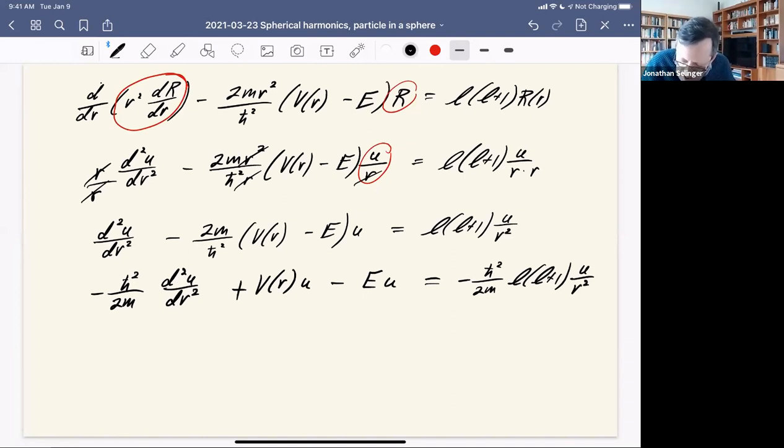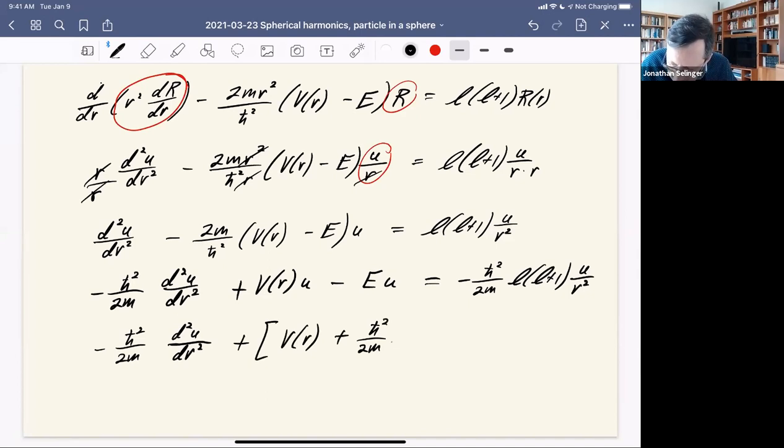Okay, and then if I do just one more step, let's put the l plus 1 term on the left side of the equation. So we have v of r plus this thing over r squared, all of this times u, is equal to energy times u.